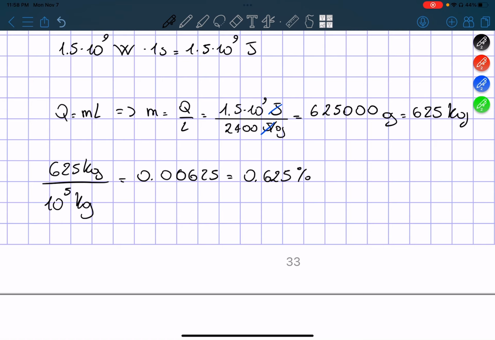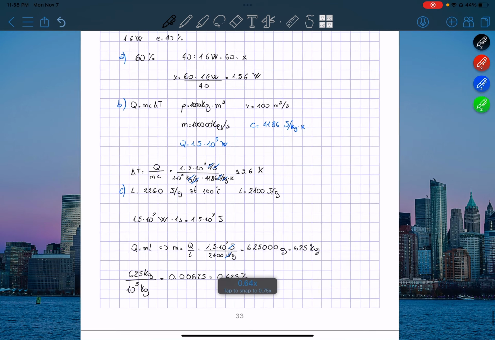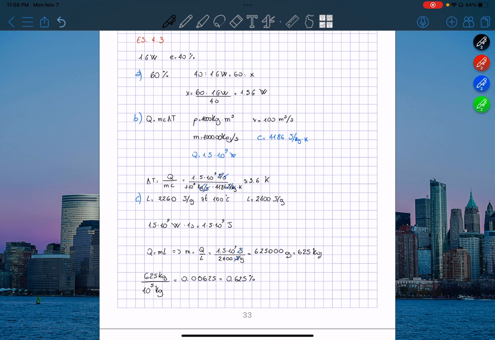And that is the percentage of the water that is going to evaporate every single second.